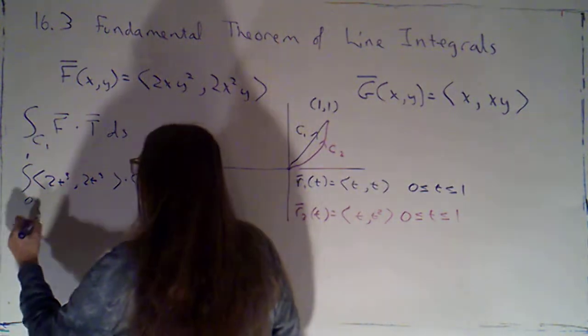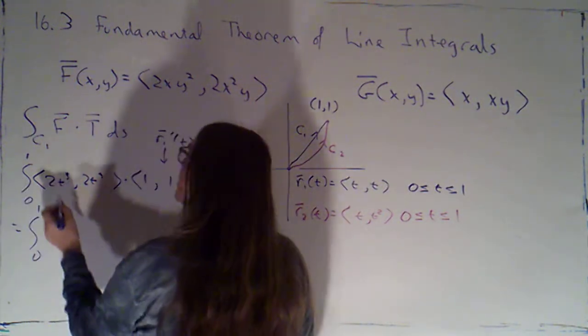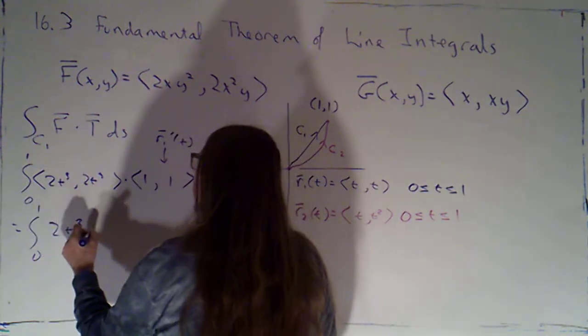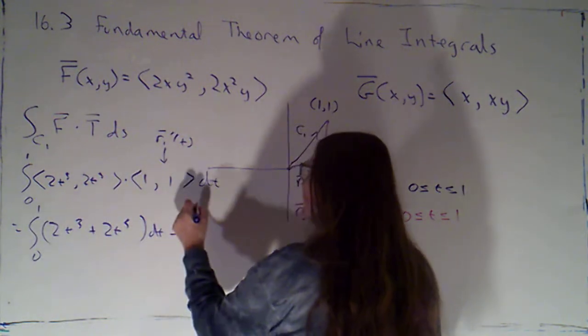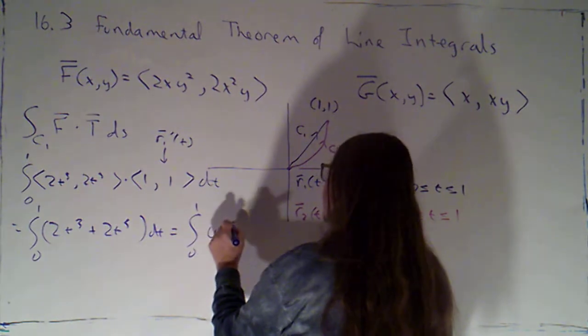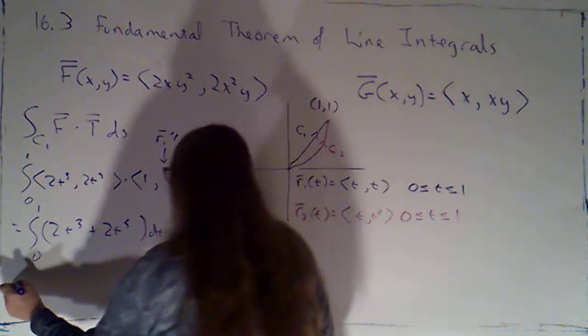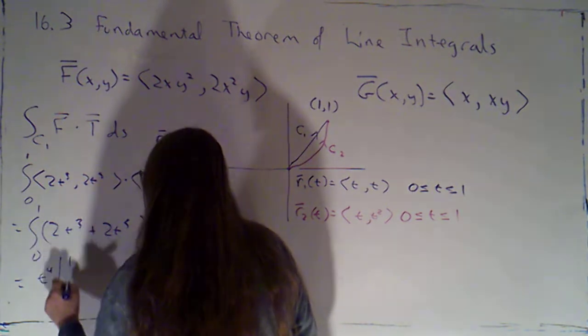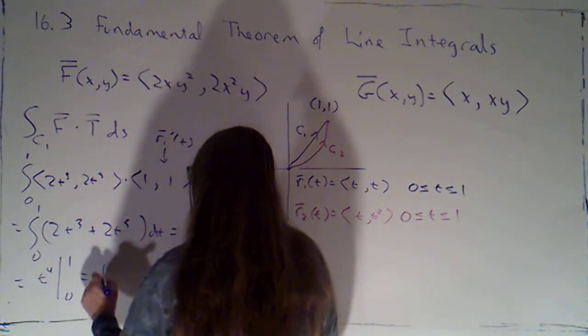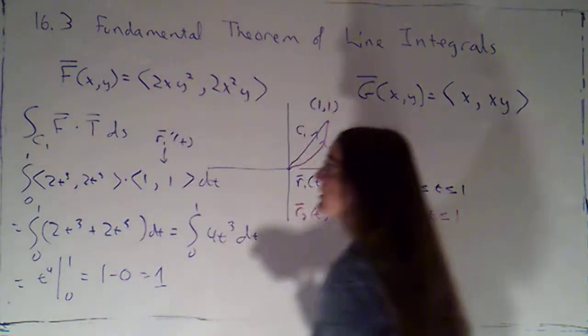So we are integrating from 0 to 1, 2t cubed plus 2t cubed dt. That's the integral from 0 to 1 of 4t cubed dt. That's just going to be t to the fourth evaluated between 1 and 0, which is 1 minus 0, which is 1.